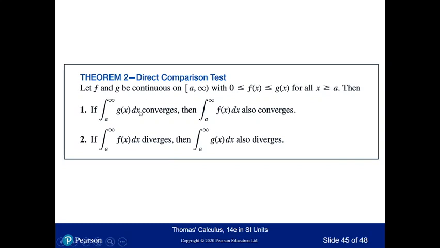In other words, the integral from a to infinity of g being finite implies the integral from a to infinity of f(x) dx is finite. Finiteness means convergent. On the other hand, if the area underneath the curve f is very big, which means the integral is divergent, then since g is bigger, the area underneath the curve g is going to be very big too, so it's going to be divergent. This is the direct comparison test.